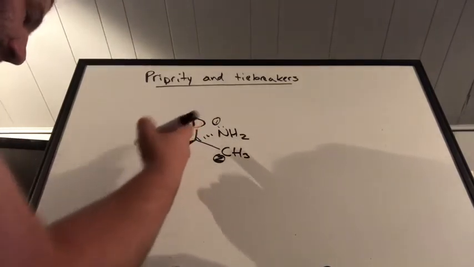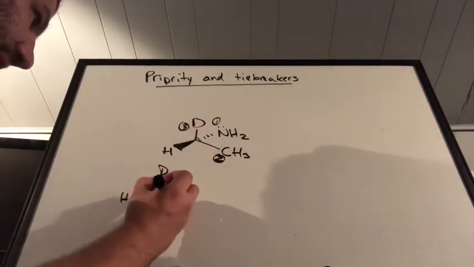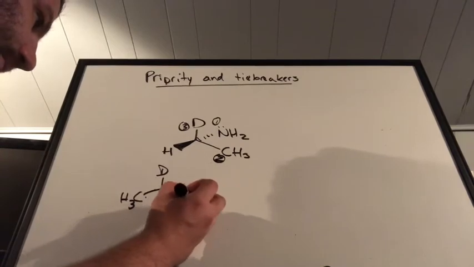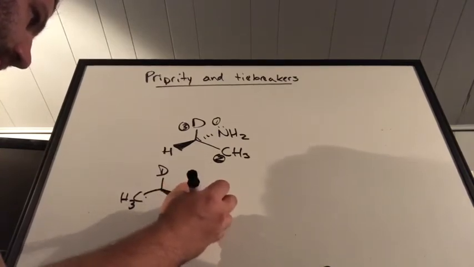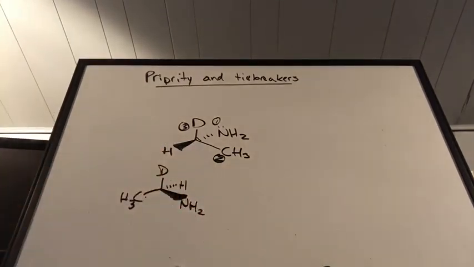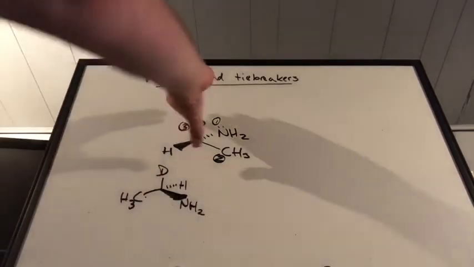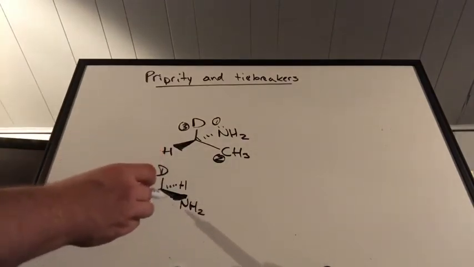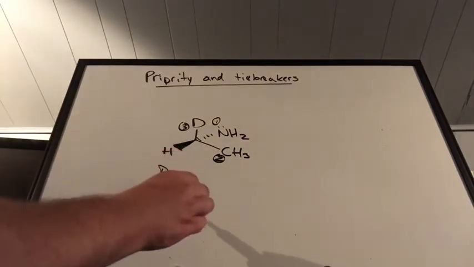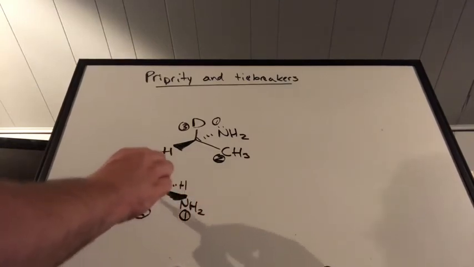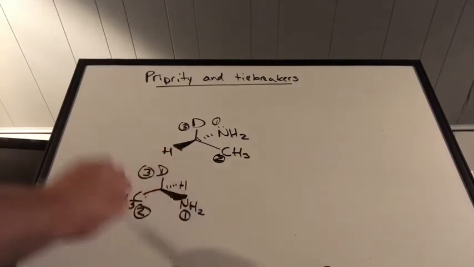I usually like to keep that position there so nothing shifts around too much. Okay, now that hydrogen's in the back, right? So in other words, we've rotated it a little bit. So now we have clearly an R configuration, right? 1, 2, 3. Okay, so that's going to be R.